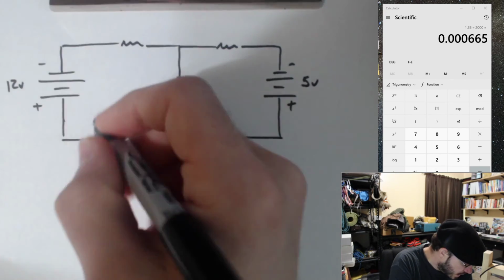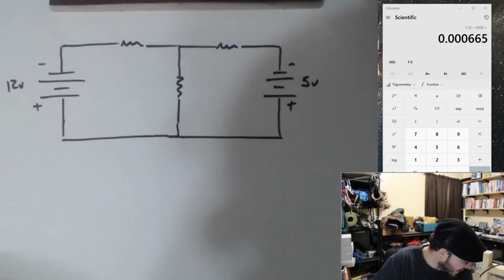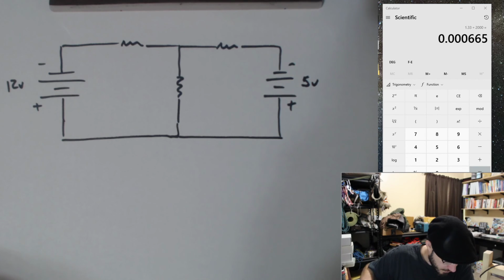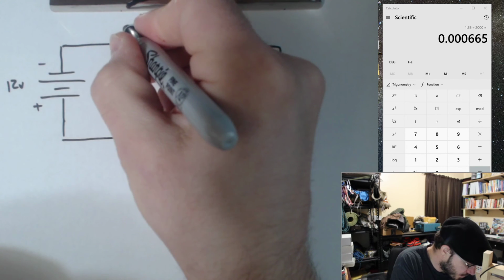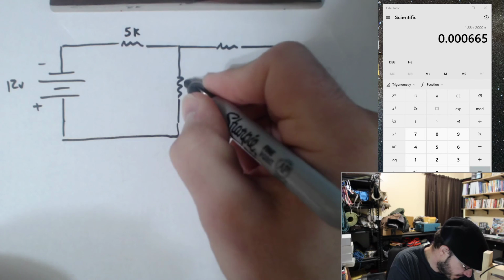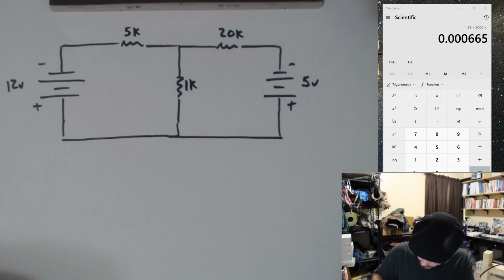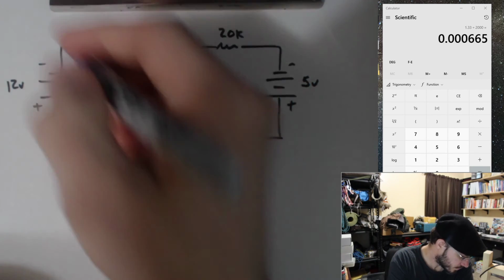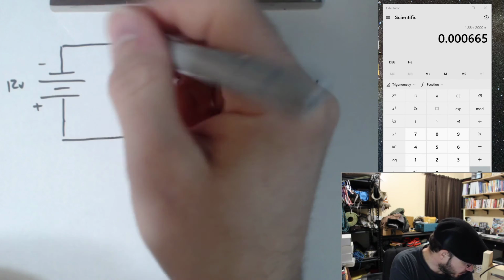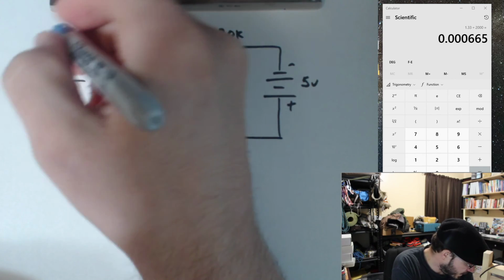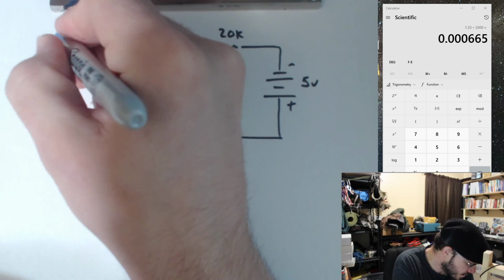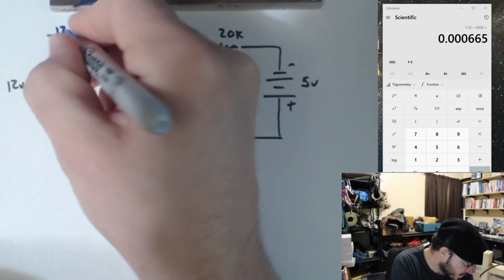Okay. V1 I found to be minus 12. Actually, let me write in the resistance values. 5K, 1K, 20K. And over here, I found this point to be minus 12 volts.